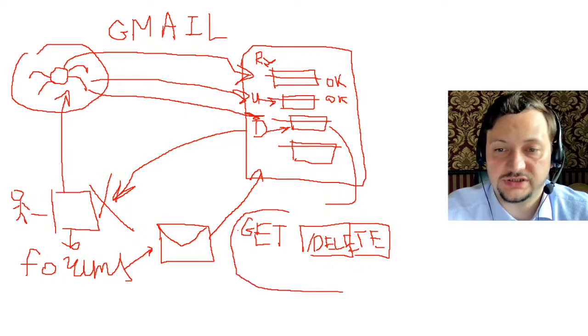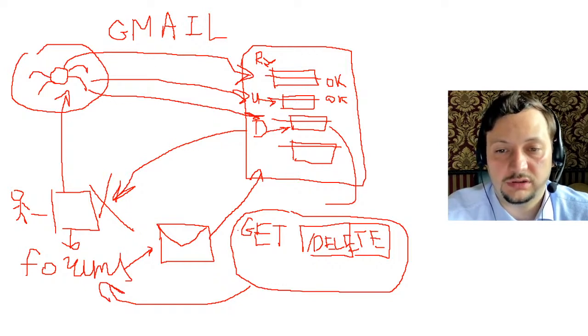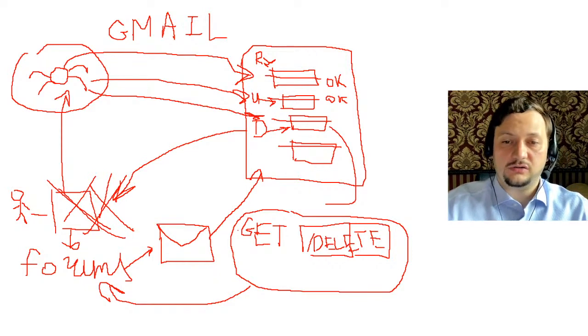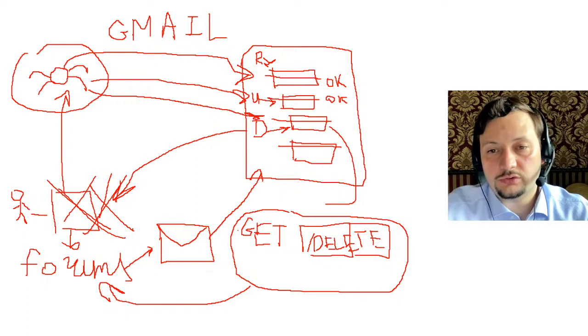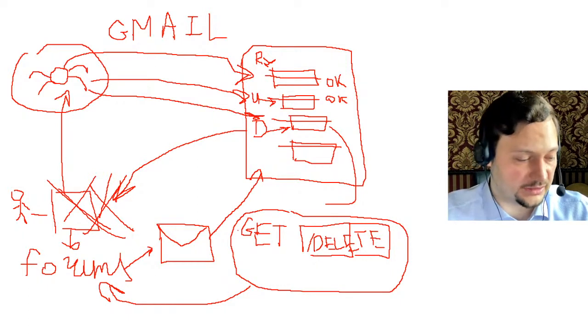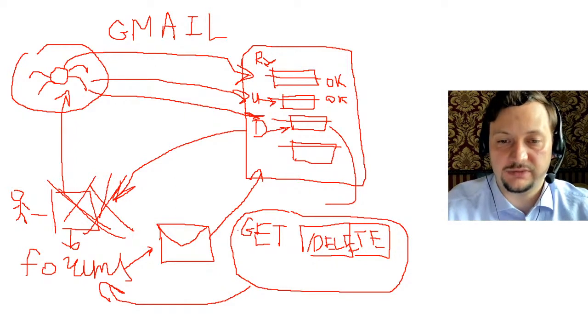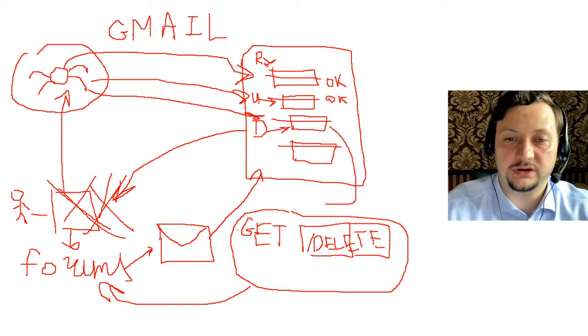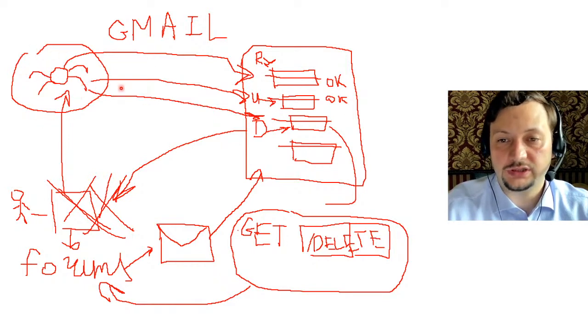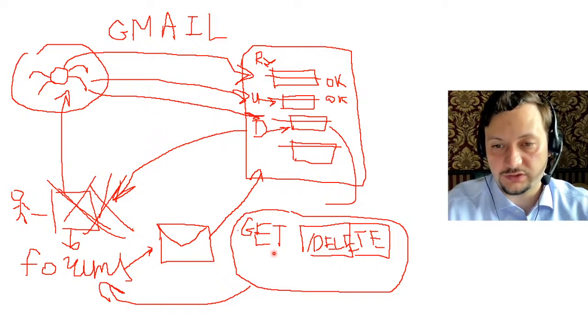When the forum sees this request, it understands that the user clicked on the delete button and it deletes the message whatsoever. So a lot of users who had some posts on the forums and who received such emails had their messages just deleted from the forums because of the work of these web crawlers that invoked every link in the message using the get method.